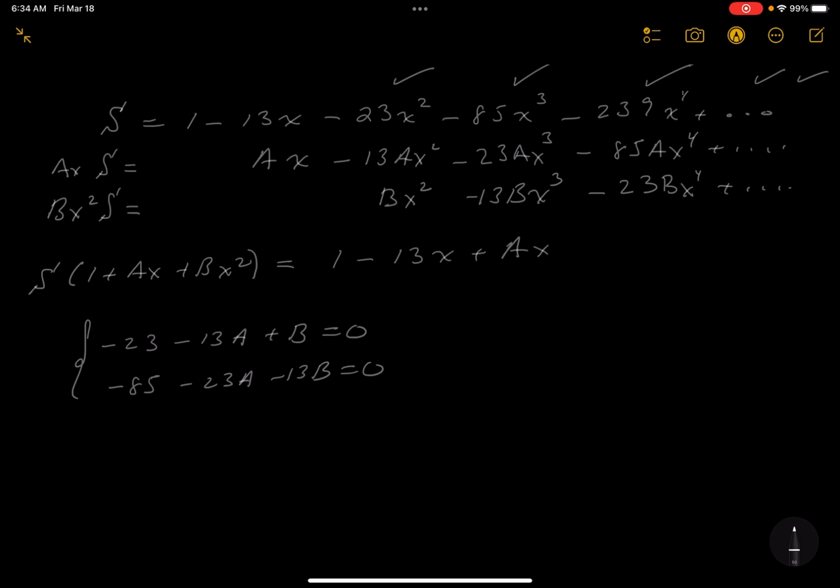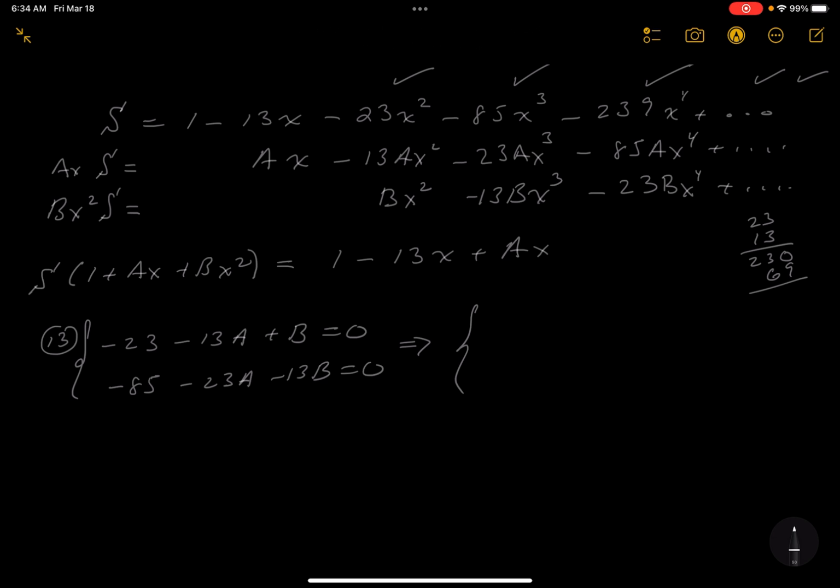Well, I'm going to multiply the top equation by 13. Please feel free to use a calculator. I'm going to write this on the side, though, as I do it. 13 times 23. Well, it's 230, 10 times 23, and then 3 times 23 is going to be 69.